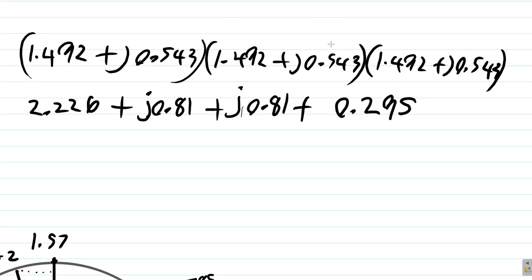But remember, j times j is negative 1, so it's going to be negative.